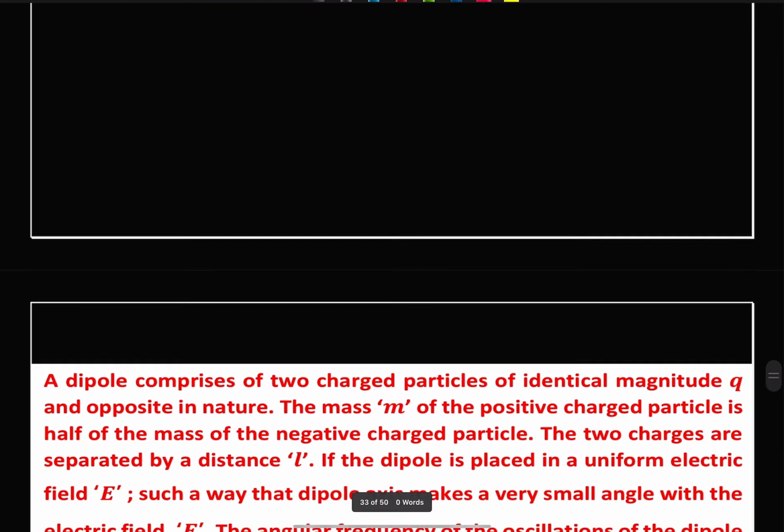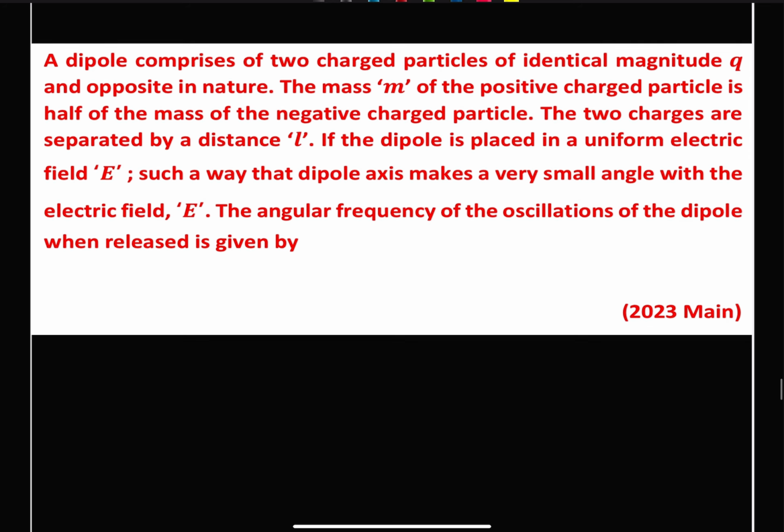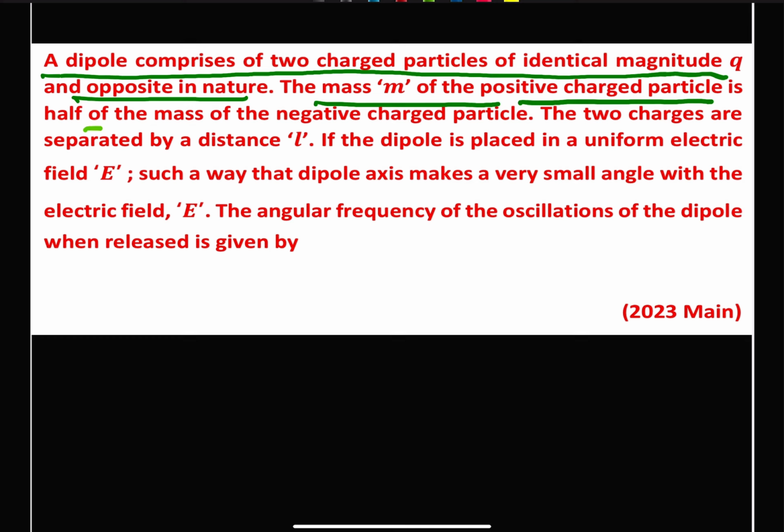Next question. It states that a dipole comprises of two charged particles of identical magnitude Q and opposite nature. The mass m of positively charged particle is half of the mass of the negative charged particle.